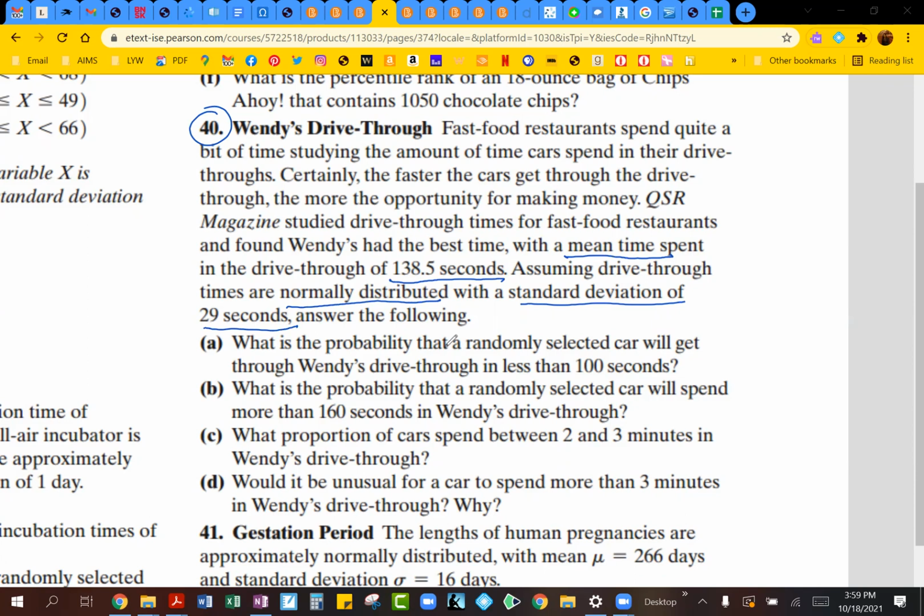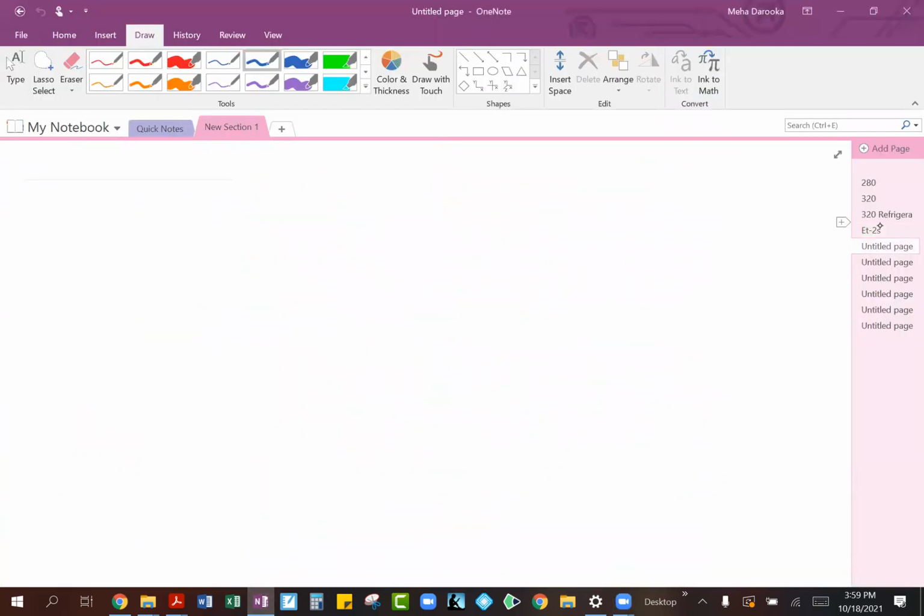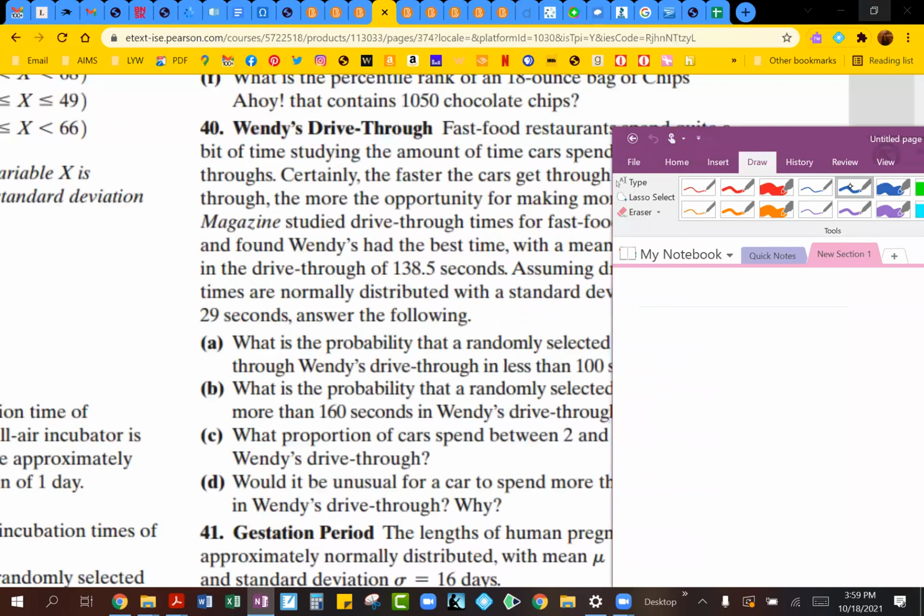So let's go ahead and at least create a bell curve for this. And let's see what that will end up looking like. So this is problem number 40 for Wendy's drive-through.